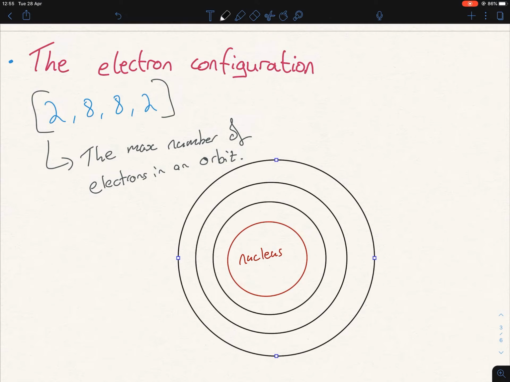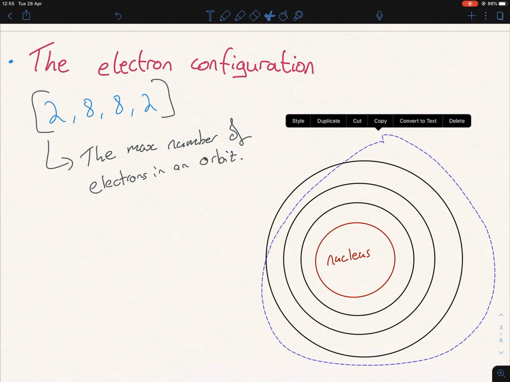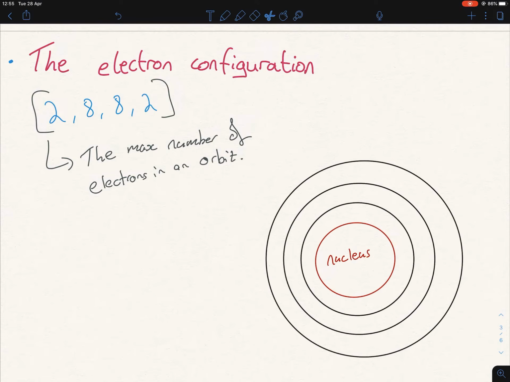I'm just going to push it over here. It seems a bit confusing when you see it like this, but when we do it, we're going to be doing it step by step in terms of putting the electrons in. Just to clarify, these numbers here represent the max number of electrons in an orbit.